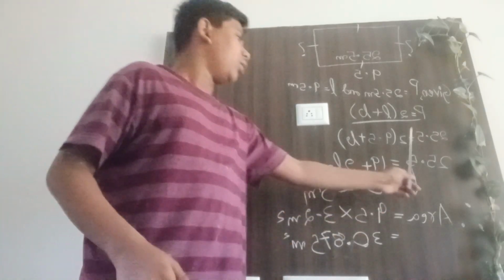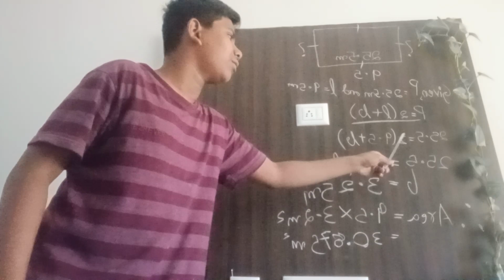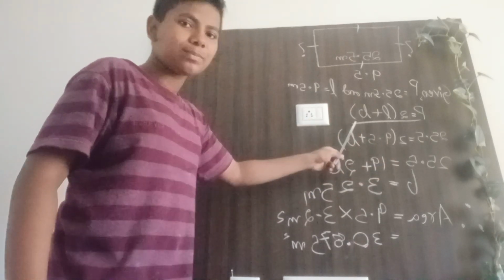Now 25.5 as it is comes down and equals, you have to multiply 2 to this bracket.